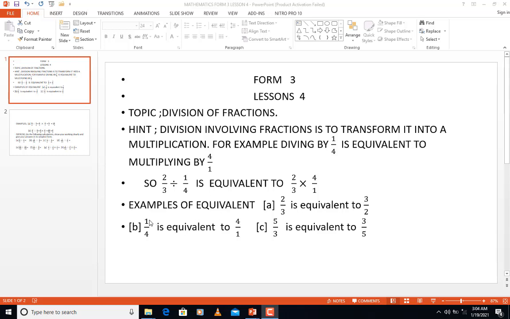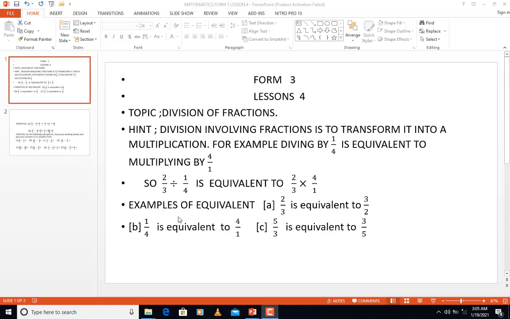Then 1 over 4 is equivalent to 4 over 1. So it's like they are inverting. 5 over 3 is equivalent to 3 over 5. So to find the equivalent of a fraction, you invert. The numerator becomes the denominator and the denominator becomes the numerator. That is the equivalent. So that is all about it.